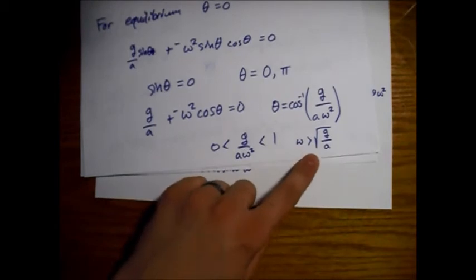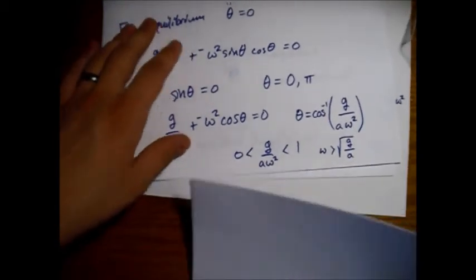So again, this is only for angular frequencies above this critical frequency. This gets a little bit tricky. I'm going to have to keep an eye on my notes while I do this, so I don't make too many mistakes.